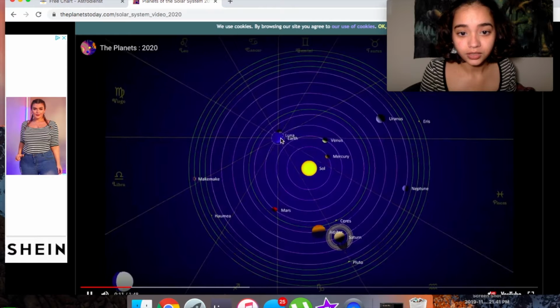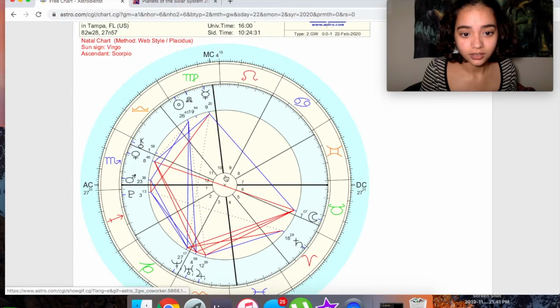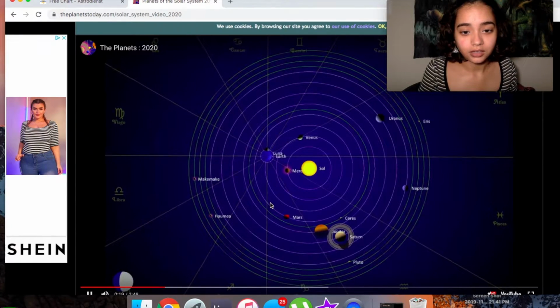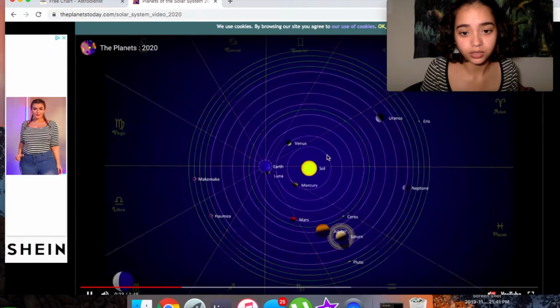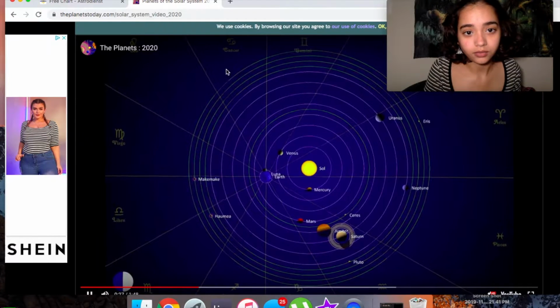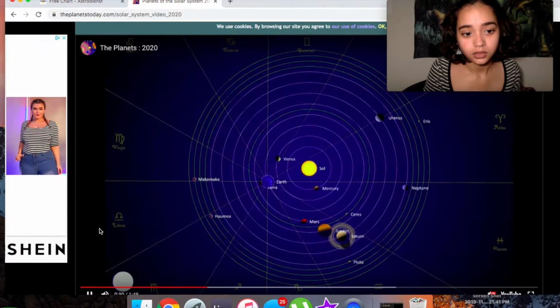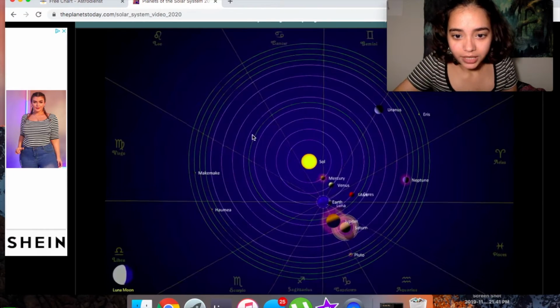The middle point is where the earth is. If you look at the chart here, that's where the earth is. And then you have all the other planets doing what they're doing. You have the sun just chilling right there. And then you have, of course, all the signs. You see the planets are moving, right?